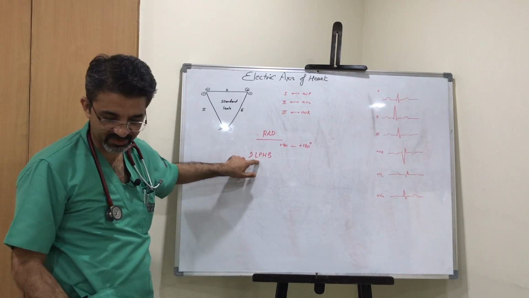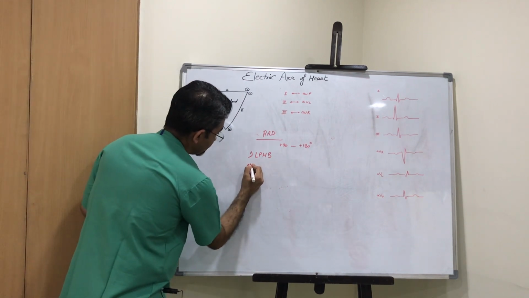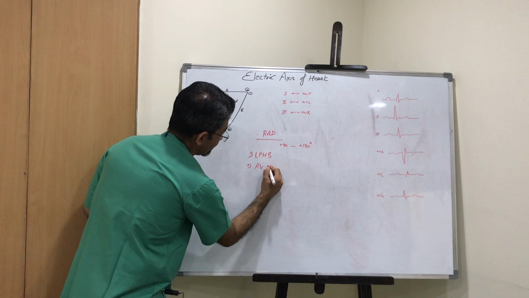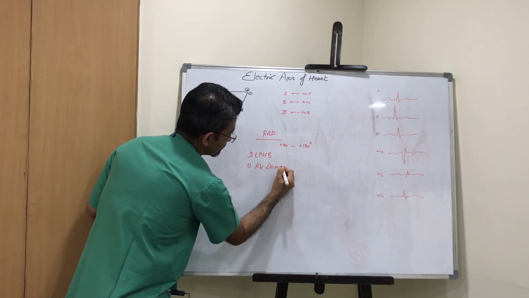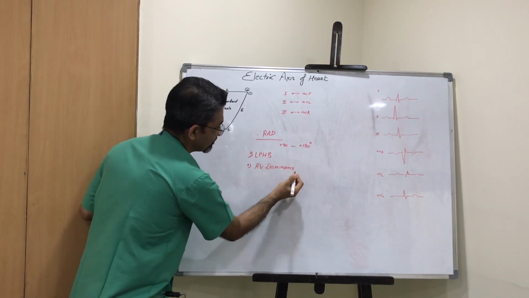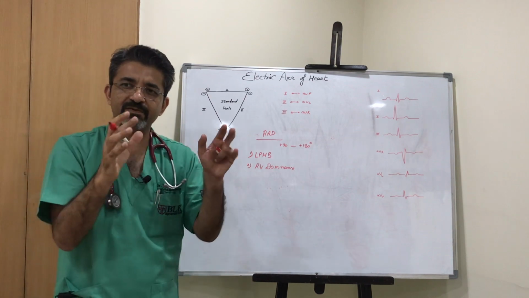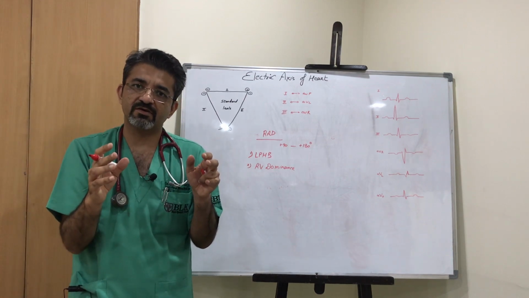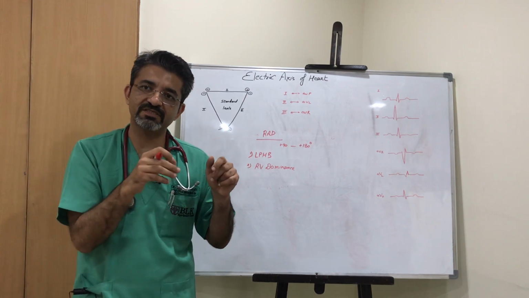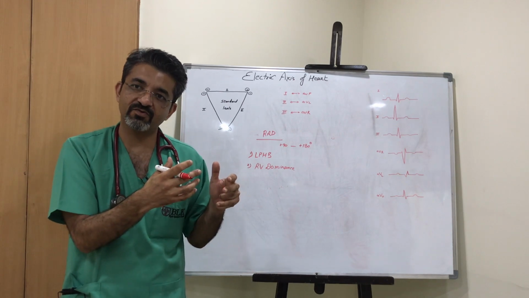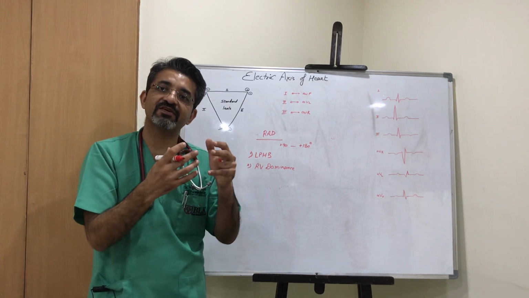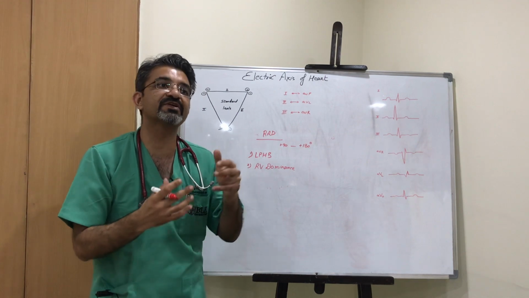So LPHB. Second, you have anything which causes right ventricular dominance. By right ventricular dominance I mean the problem is such wherein the right ventricular electrical or mechanical activity is predominant.